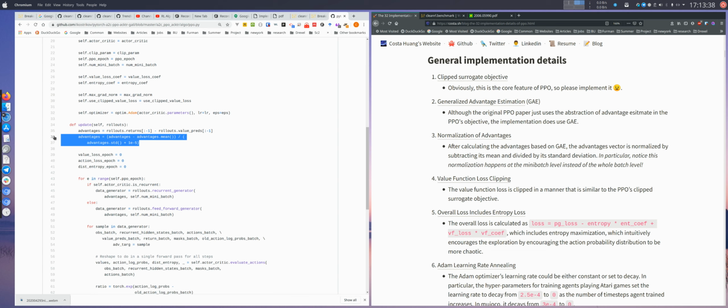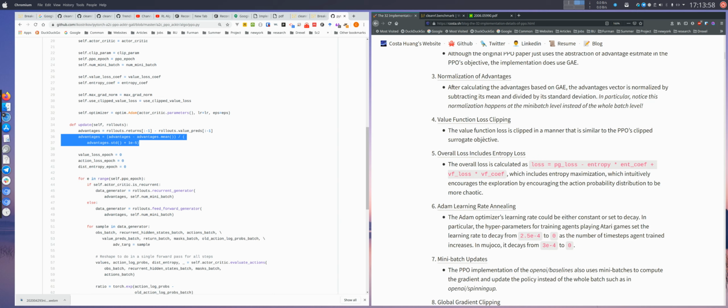So this advantage calculation does happen at the whole batch level, which is not the implementation of OpenAI baselines. So that's the third implementation detail. I think that's something that is easy to miss, actually.